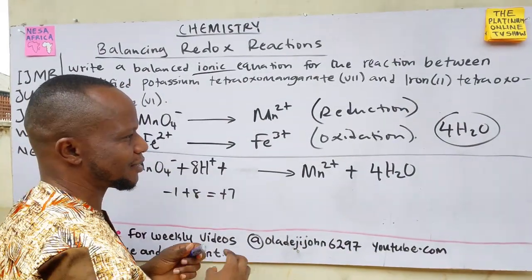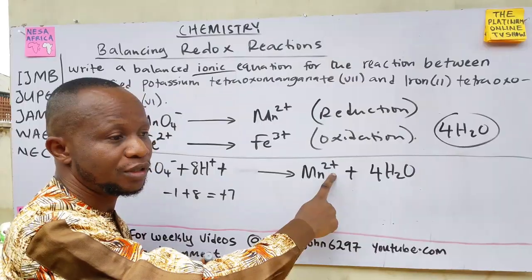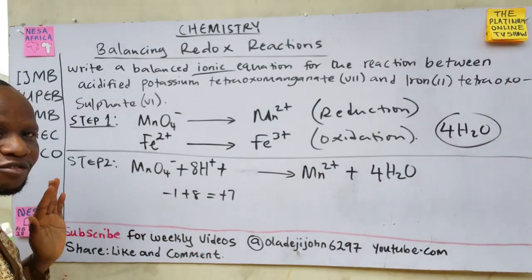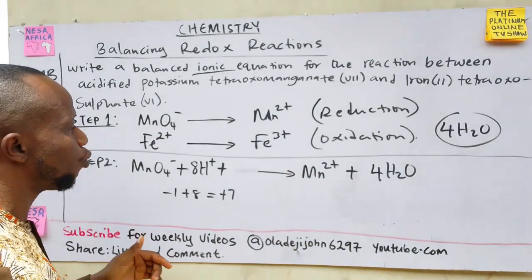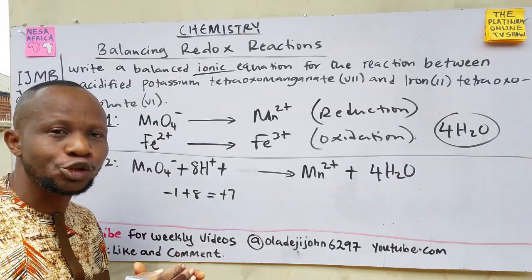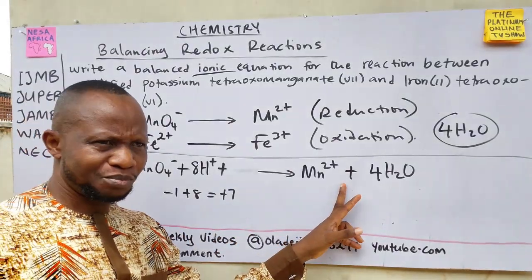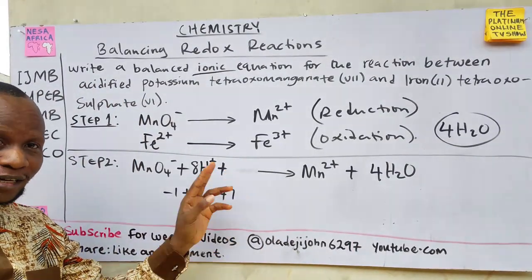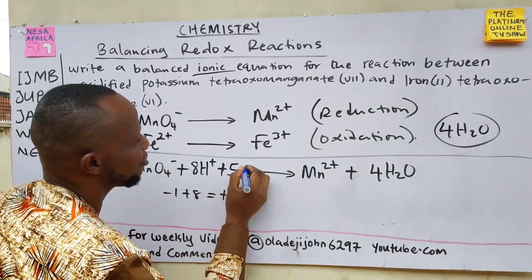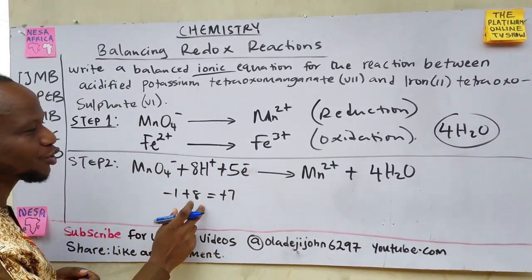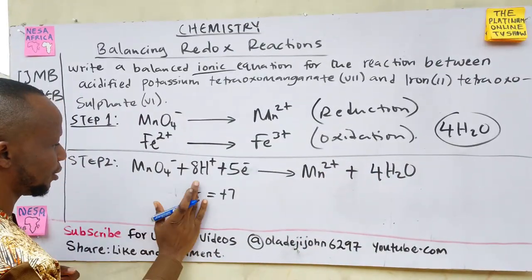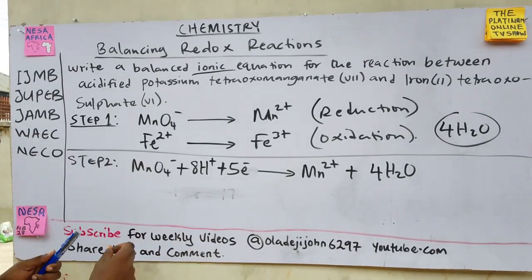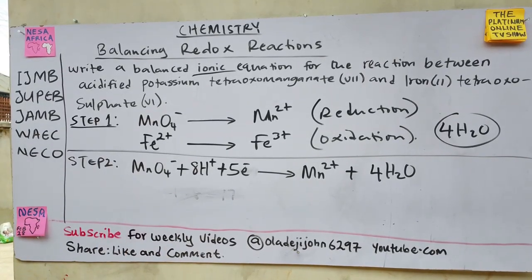On the right-hand side, we have 2 charges, so we need 5 more to equate what is on the left-hand side. We add electrons to balance up. Remember that: we have 5e⁻ to balance up for the 5 charges missing here. Having done that, we are done with this half of step 2.